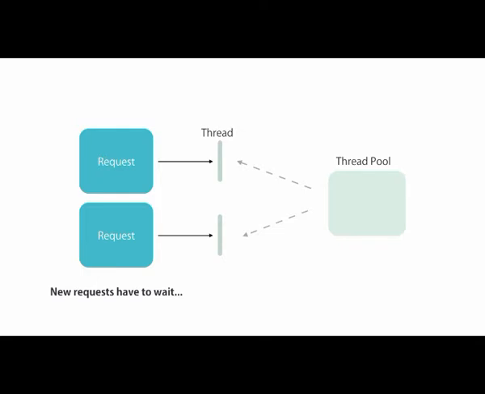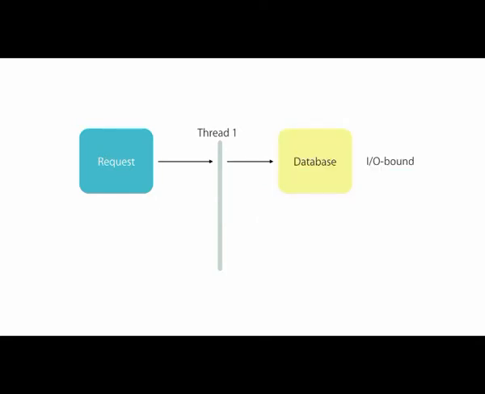In this case, we either need to add more hardware in terms of memory or more machines, or we can use async and await. This is something I've covered in my C# Advanced course, so I'm not going to go into details because I don't want to waste other people's time who are already familiar with this concept. Now, when we use async, our thread will no longer wait for the database to return the result.